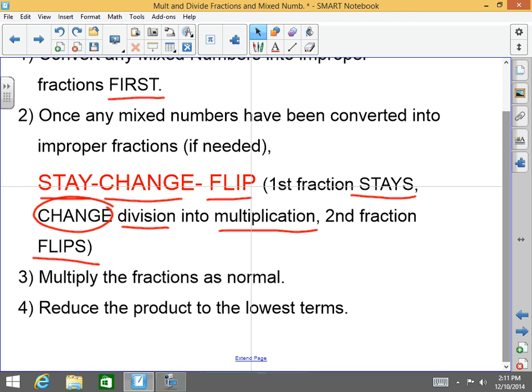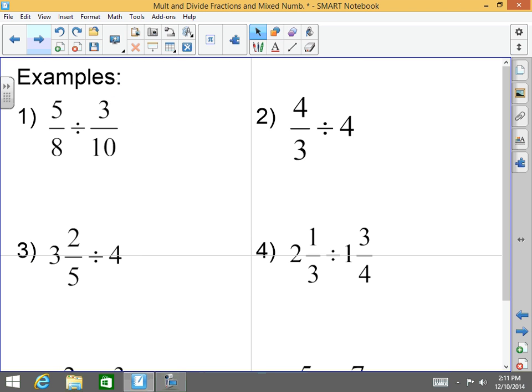Stay, change, flip. First fraction stays. You change division into multiplication, and you flip the second fraction. Remember that. For example, 5/8 divided by 3/10. There are not any mixed numbers, so you don't have to convert them.